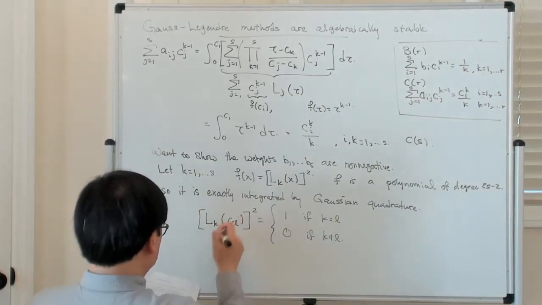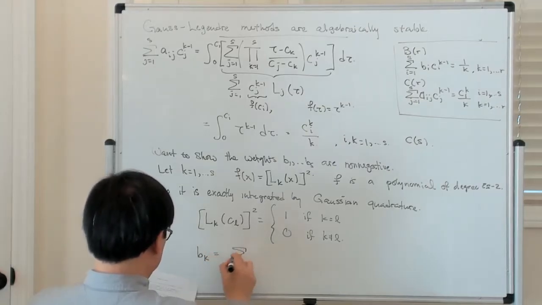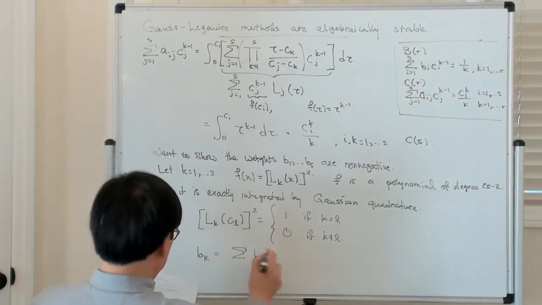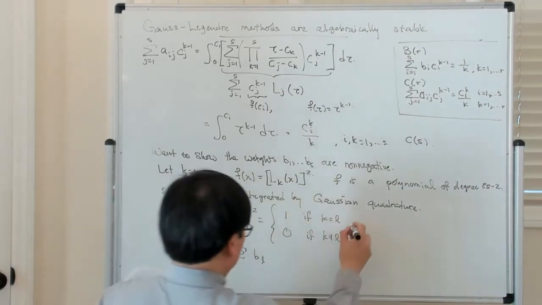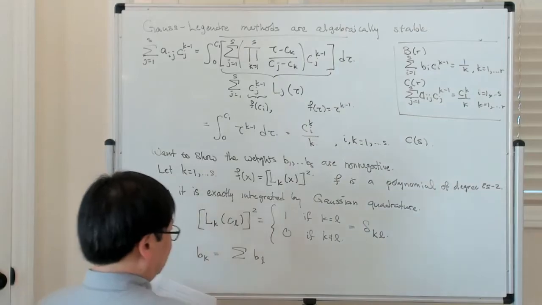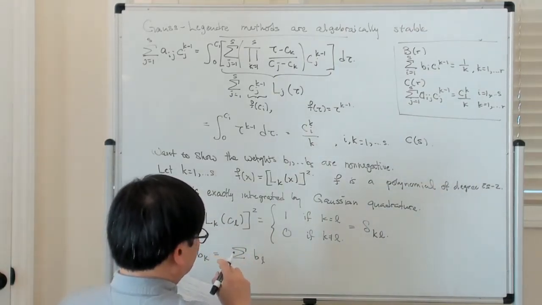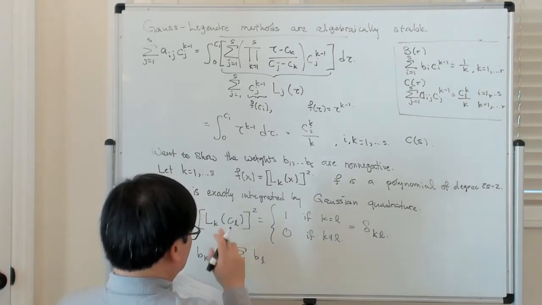All right. So if you want to take b_k, you can sum b_l times this Kronecker delta function-like term, so that's called delta_kl. That's a particular way of thinking of delta_kl, at least when it's applied to just the quadrature points.